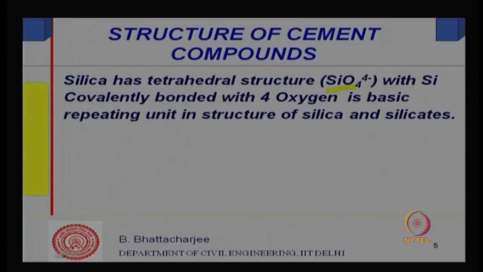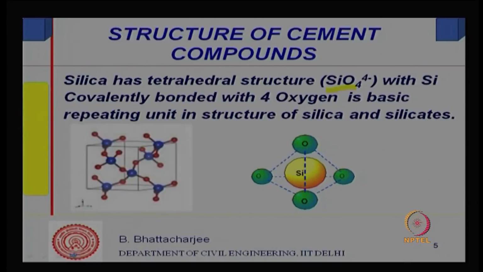So, first we are trying to look at the silica structure. Silica has a tetrahedral structure like this. The silicon here has 4 oxygen atoms covalently bonded with the silicon atom, and it has 4 negative balances existing in this one.